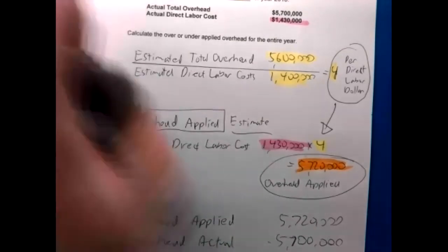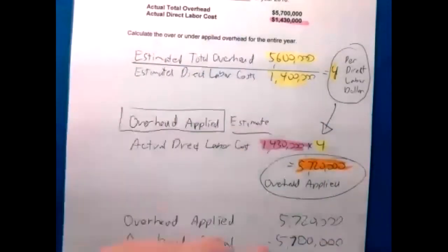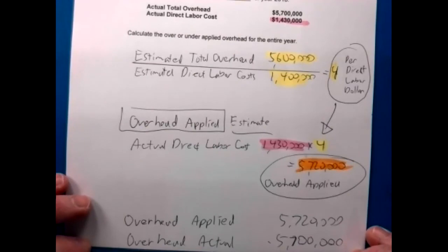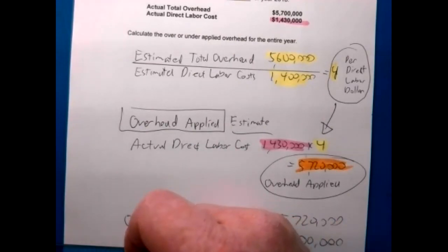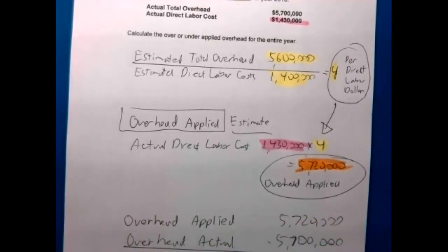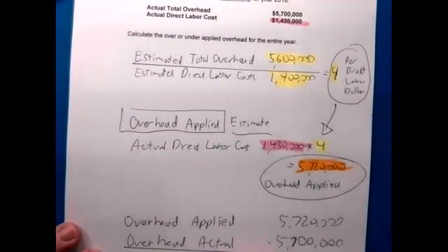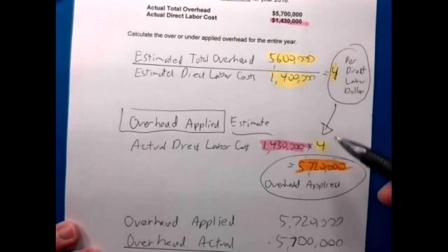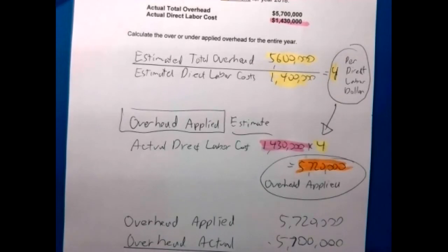Subtract those. And so let's see, it was 20,000. So they applied 20,000 more than they had to.